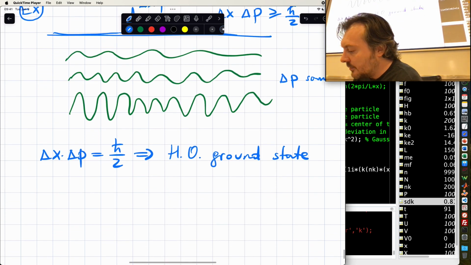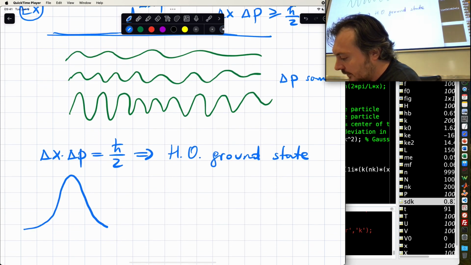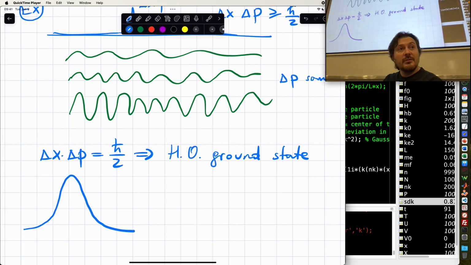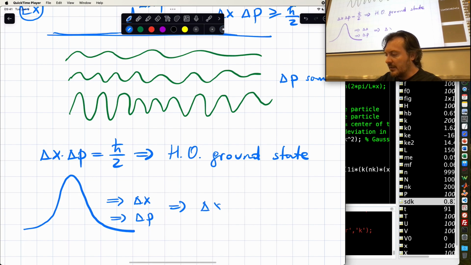If you take the harmonic oscillator ground state, which is a Gaussian, right? And find out what delta x is for that, and also delta p, you are going to see that delta x times delta p is exactly h bar over 2.